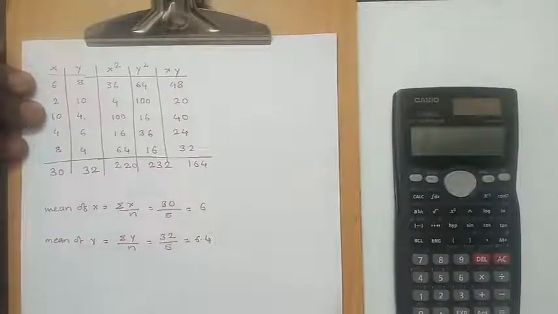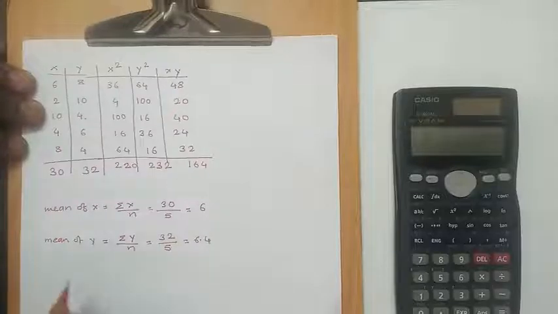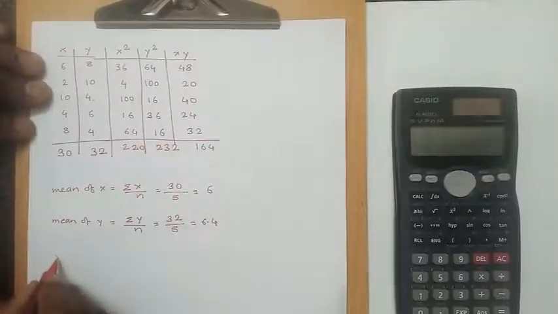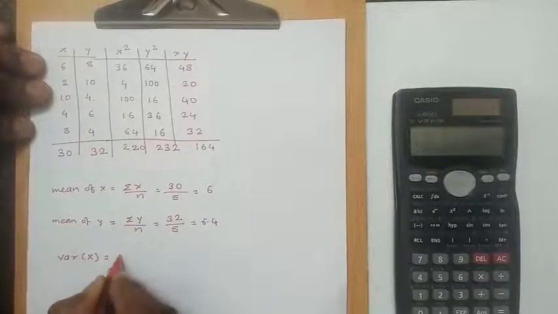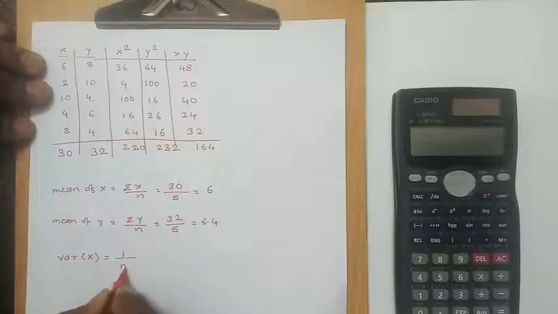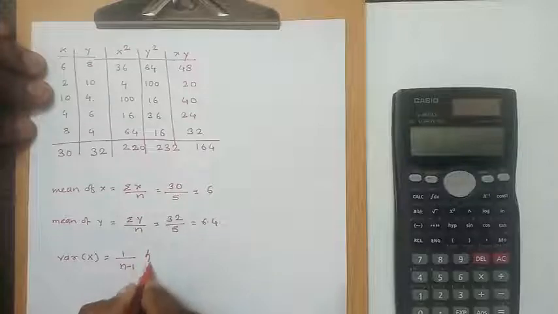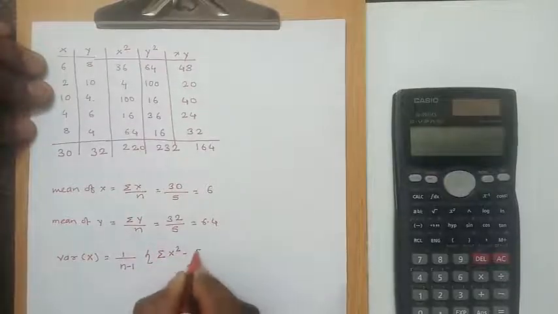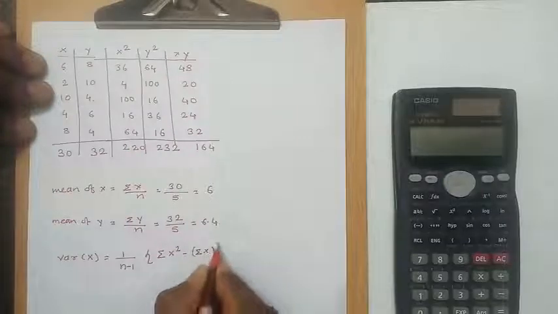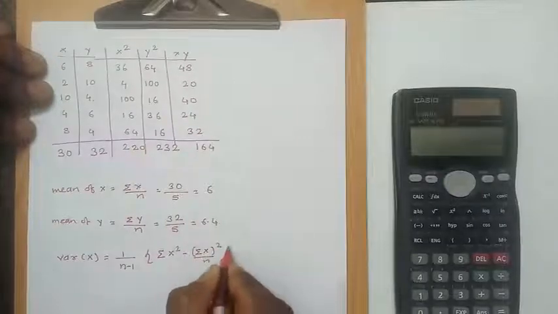Now we calculate the variance of x. So variance of x is given as 1 by n minus 1, as it is a sample, summation x square minus summation x whole square divided by n.